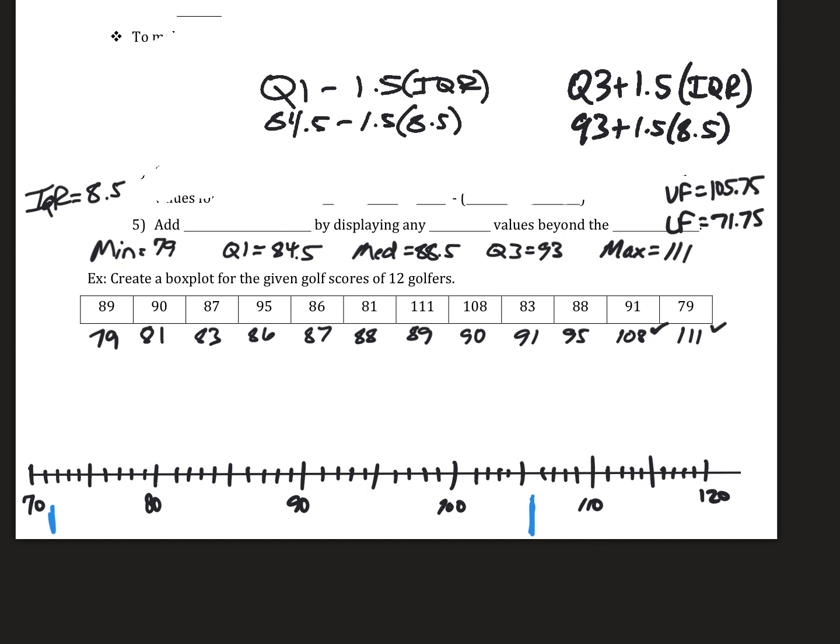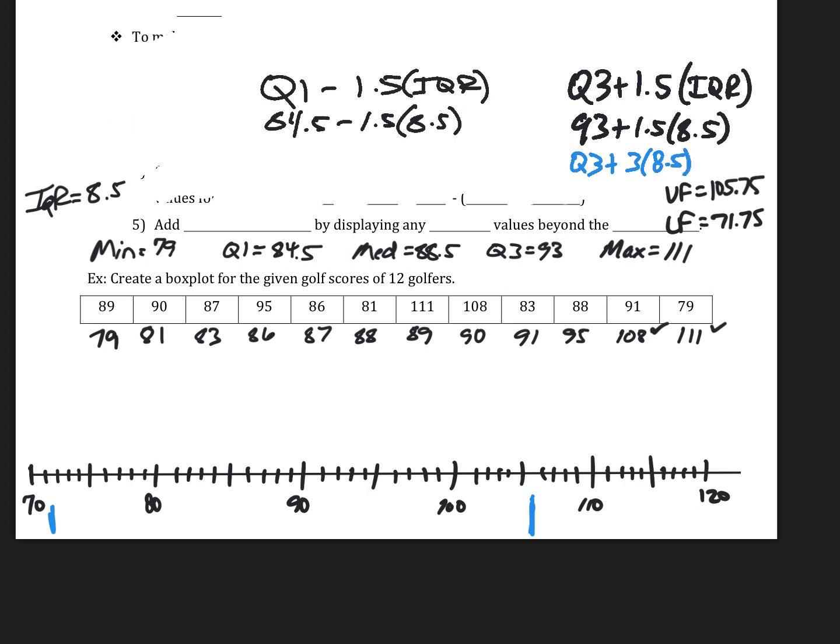So one last thing I have to check here is whether there is a number that could possibly be a far outlier, because I do have some outliers. To see if it's a far outlier, I take Q3 plus 3 times 8.5.